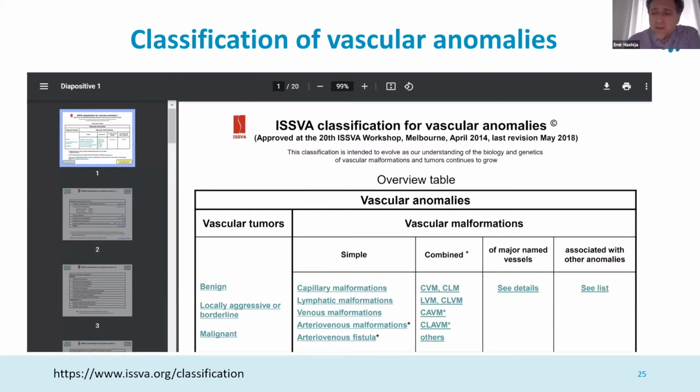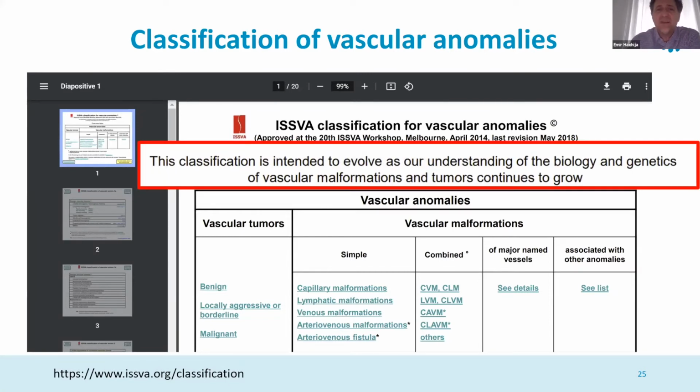A very important note at the beginning of this document is that this classification is intended to evolve as our understanding of the biology and genetics of vascular malformations and tumors continues to grow. So what we read today might change next year when the next ISSVA meeting takes place.